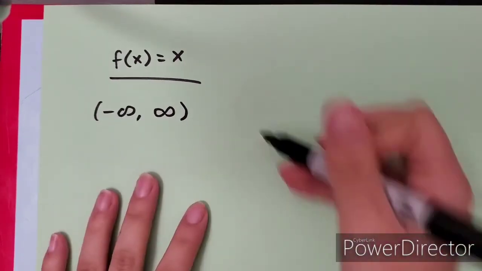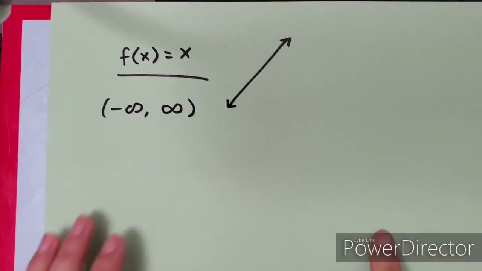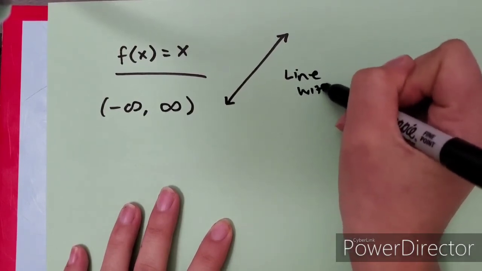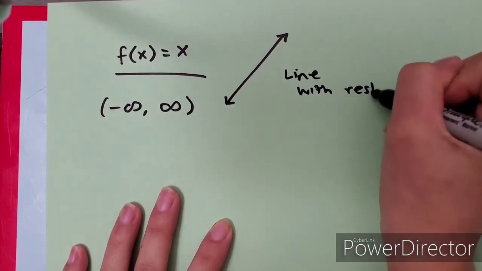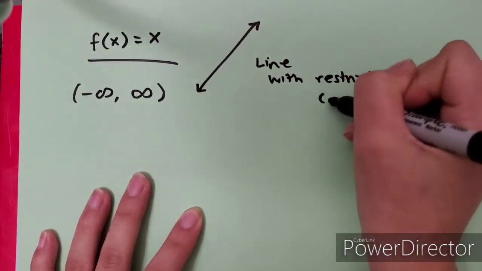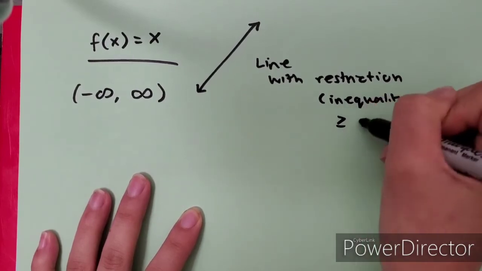So basically what this means is that it's a regular graph heading from negative infinity to infinity. Those are just for lines without restriction. And by restriction is normally inequality.